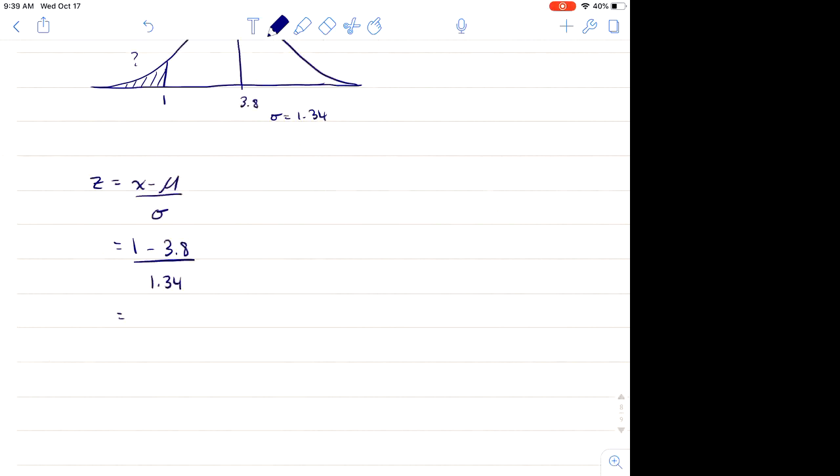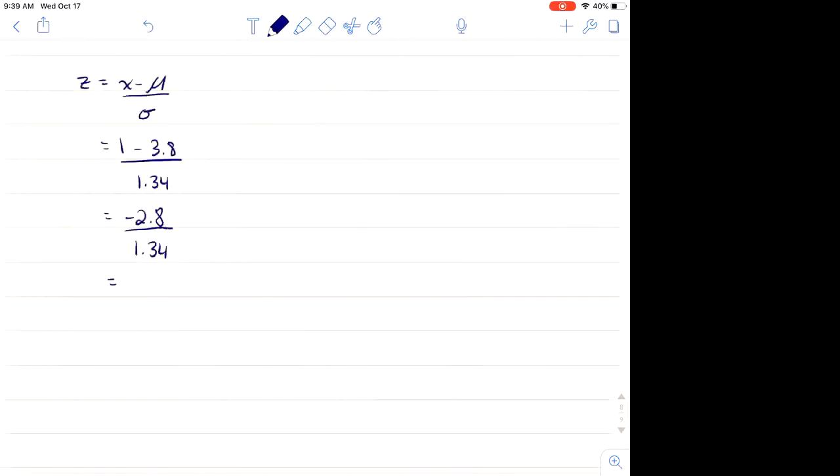Where did I put my calculator? One minus 3.8, negative 2.8 divided by 1.34 is negative 2.089552239.